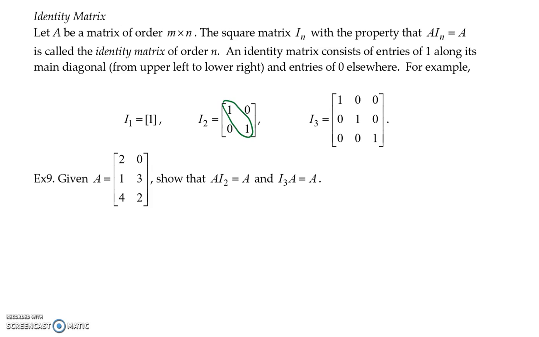If we have an order 3 identity matrix, I3, then we have 9 entries, 3 of which are 1, along the main diagonal, and all the other ones are 0. The type of identity matrix we use depends on the order of the matrix that we're combining it with, as will be demonstrated in the next example.